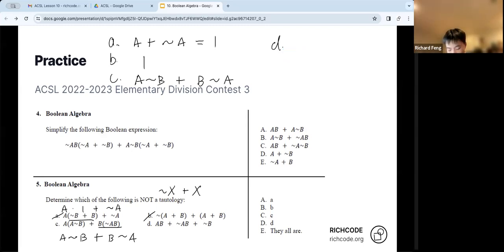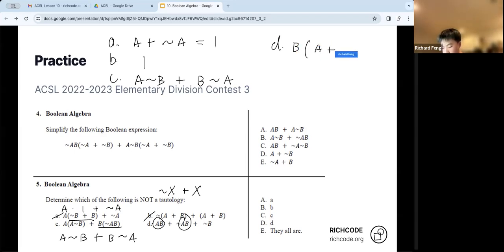So for D, let's see. Okay, so these two terms have a B in common. So let's factor out a B and see what we can do.